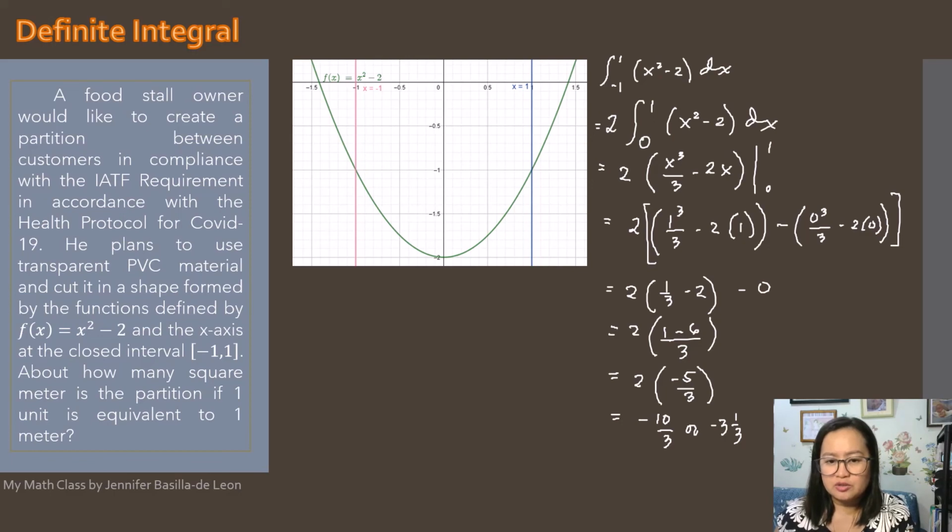So we recall that the region that we are working on falls below the x-axis. That is why it has a negative sign. So all we have to do is to get the absolute value of this number. Hence, we will have 3 and 1/3 square meters.